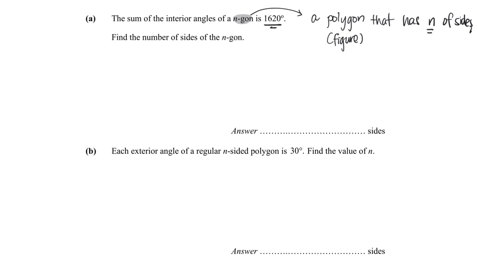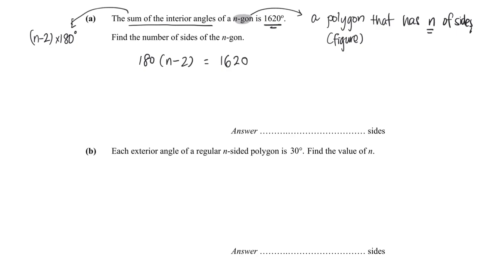And we are given the sum. The sum of interior angles also has a formula where n minus 2, multiplied by 180 degrees, is the sum of the interior angles. So 180 multiplied by n minus 2 is 1620.